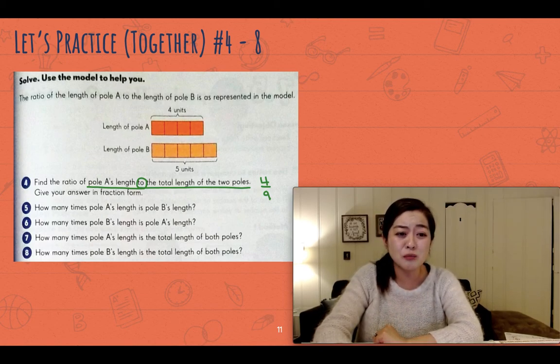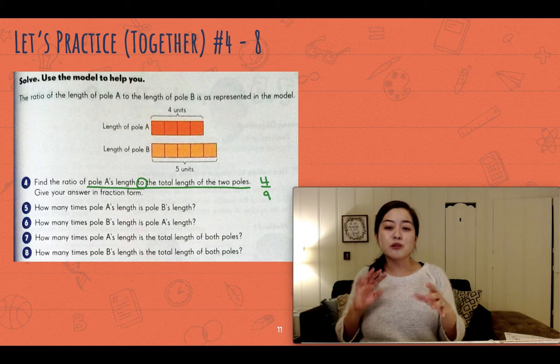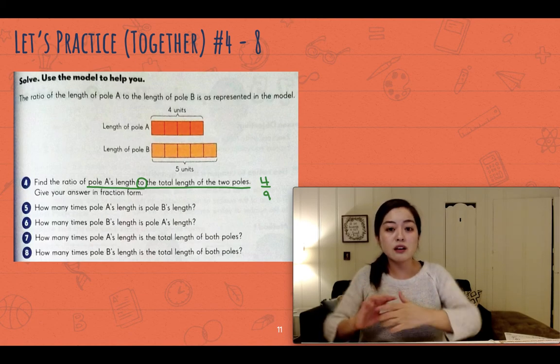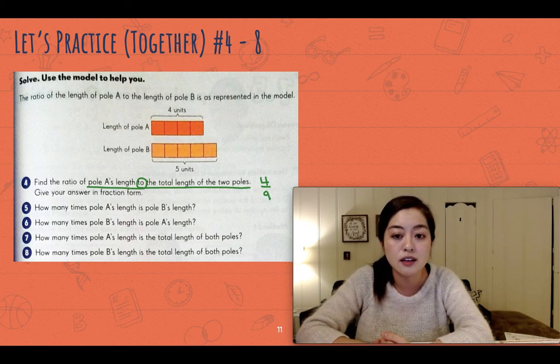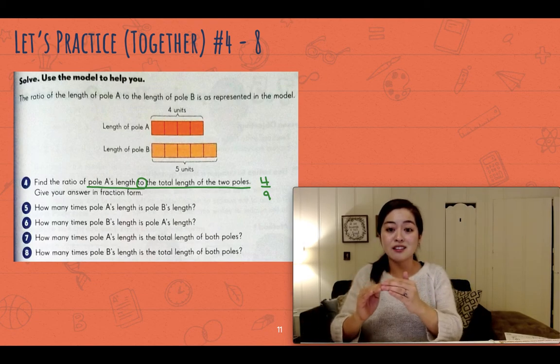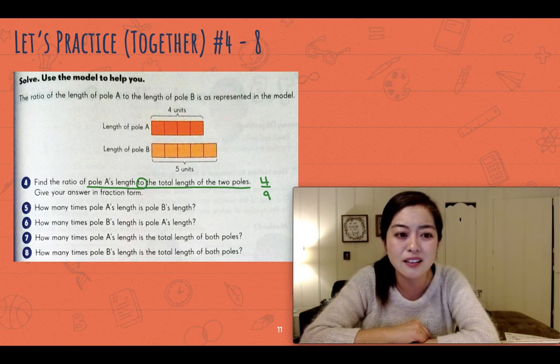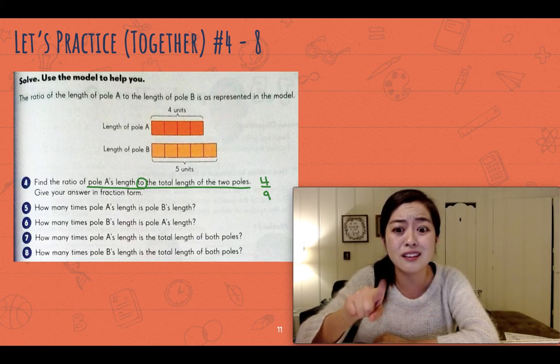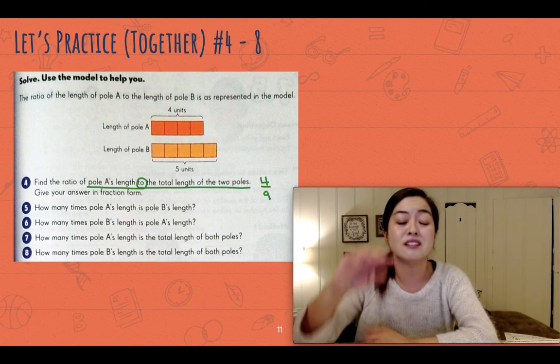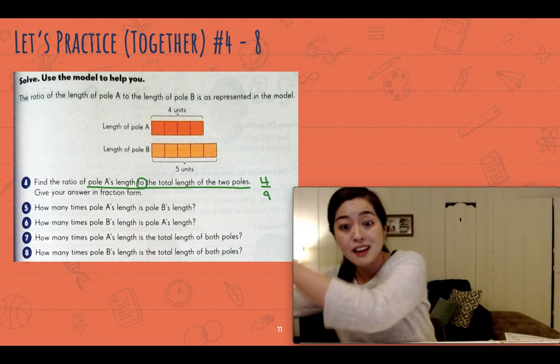Okay, let's look at number 5. How many times pole A's length is pole B's length? So we have to be careful how we're going to answer this question, okay? Because we want to answer it in the form that we saw before. Something is a fraction times something else, okay? So if this question is asked, how many times pole A's length is pole B's length? Then you would start your answer as pole B's length is something times pole A's length, right?